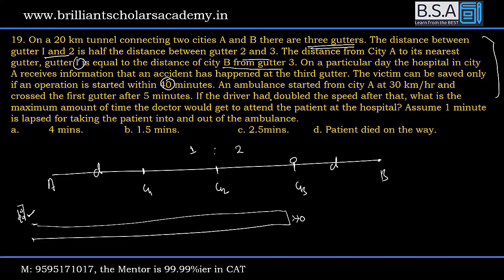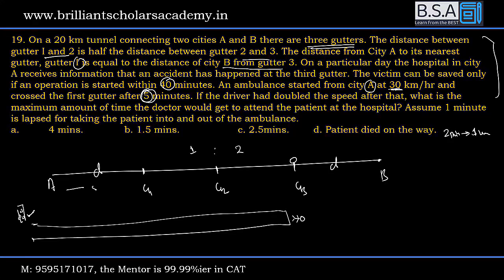So how does the ambulance travel? The ambulance travels from city A at 30 kmph. 30 kmph means, please understand, it will take you 2 minutes to cover 1 kilometer. The vehicle crosses the first gutter in 5 minutes. It's a very important hint for me.